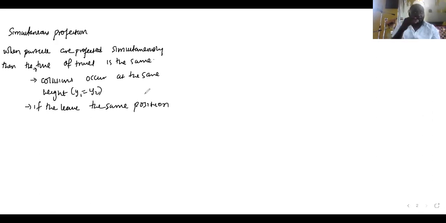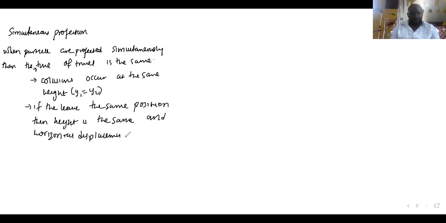You're projecting them from the doorway, both of them, maybe one after the other, and they collide, then height is the same, and horizontal displacement is the same for a collision to occur.